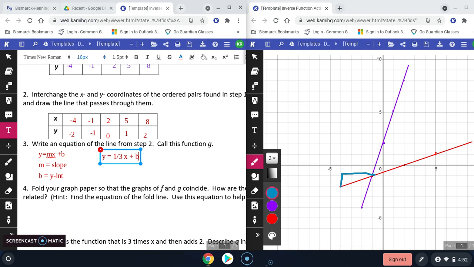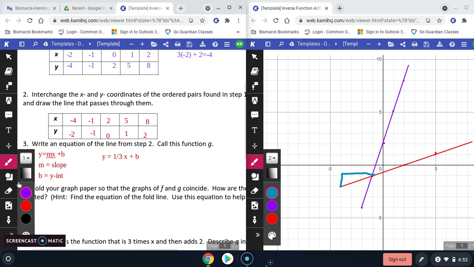So b, the y-intercept, is what we need to figure out next. And again, there's a couple ways to do this, but probably the easiest is you have a table full of points up above. So if we take one of those points, I'm going to take probably this point 2, 0, be a pretty good one to use. So I'm going to take 2, plug it into the x, and then for the y, I'm going to substitute a 0.